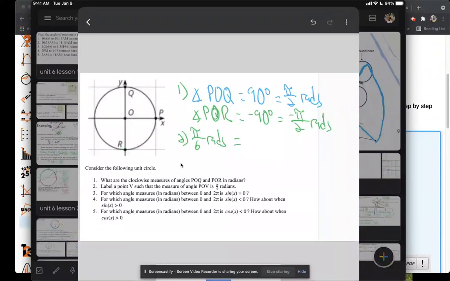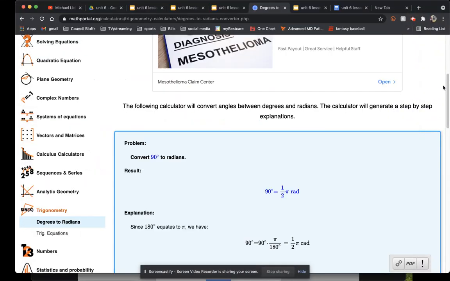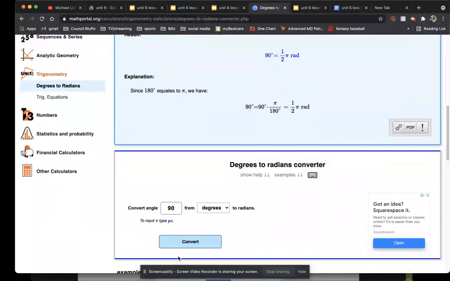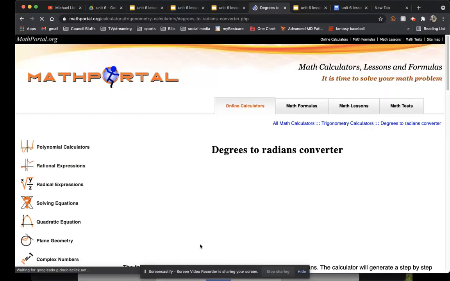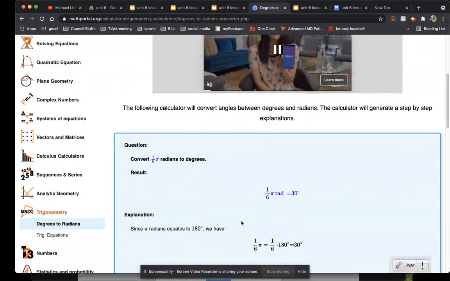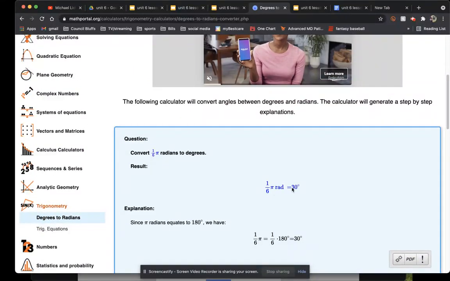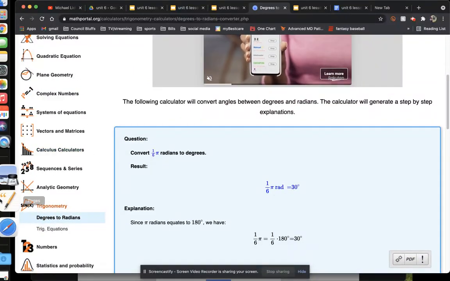Again, we're going to go back to our calculator, and now we're going to convert pi over 6 radians to degrees. So pi over 6 radians is 30 degrees.